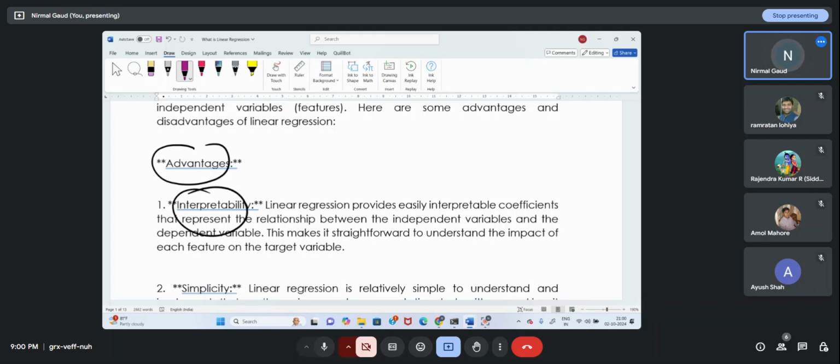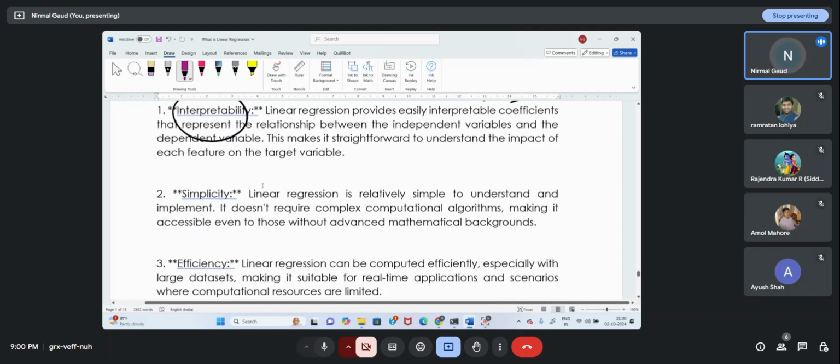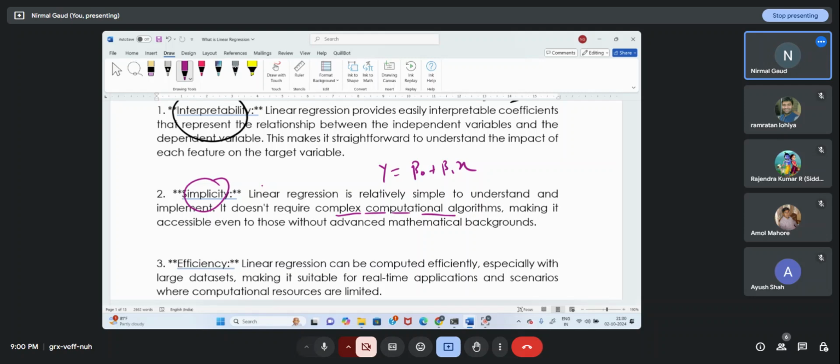The advantage of linear regression is that it is interpretable. We can calculate the coefficient values, beta naught, beta 1. We don't require a very high level or complex solution. We can easily interpret the value of coefficients. Linear regression is a simple algorithm, not a complex computational algorithm. You very well know this is the only equation we are following, so we don't have to stress a lot.